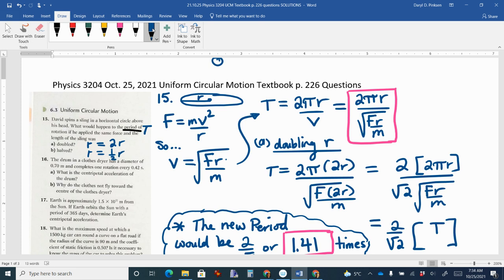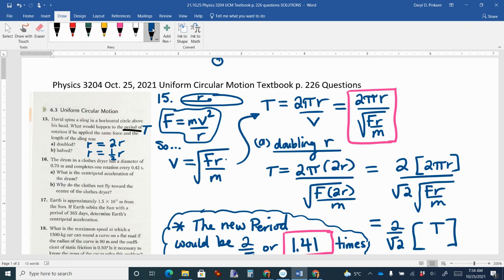Now this is not easy, and you wouldn't be asked to do this on a test, but I'll show you how it works. It's really kind of like a university level question. This is your equation for the centripetal force, F equals mv squared over r.